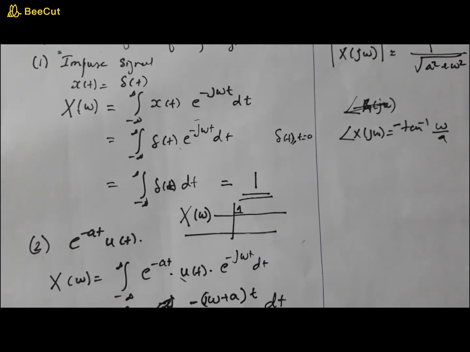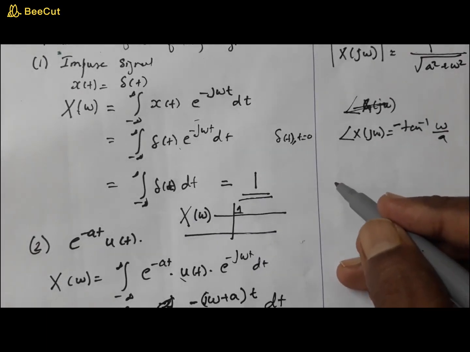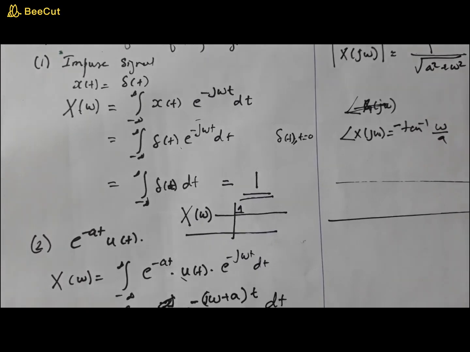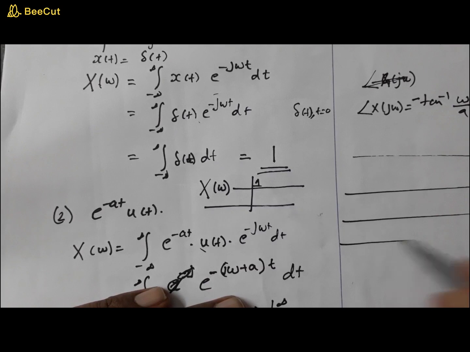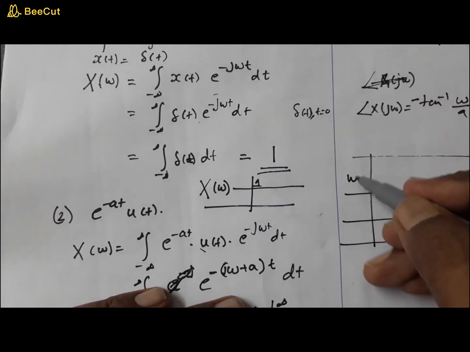Now how will you plot this? Plot the spectrum of this. You can have a plot like this. You may find out the values by yourself, I will just explain how to find them.